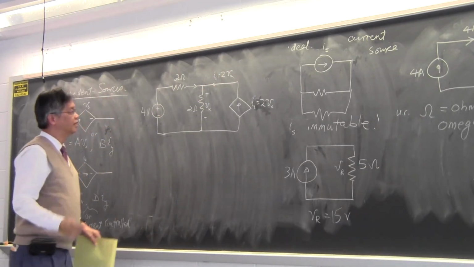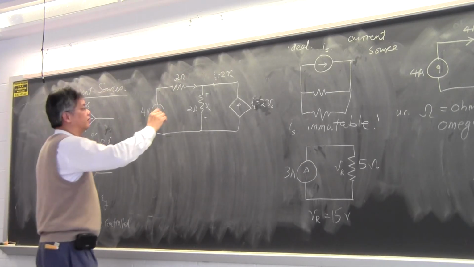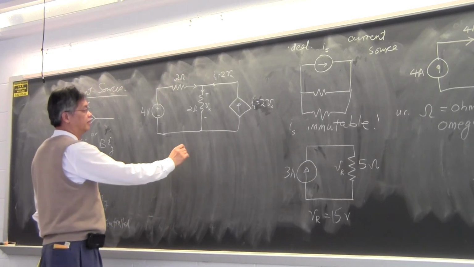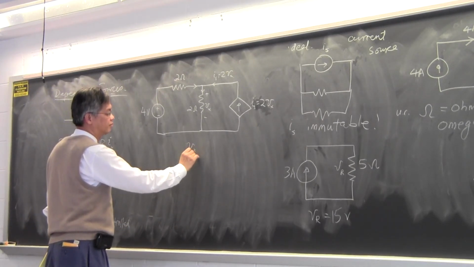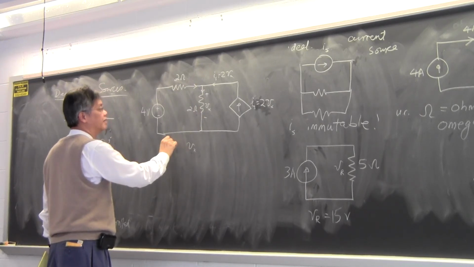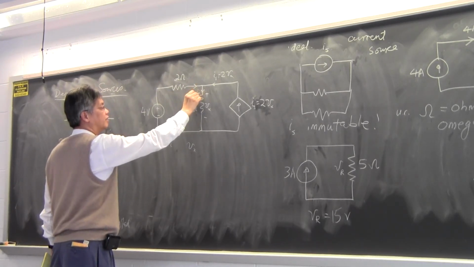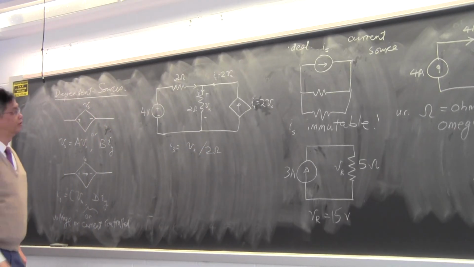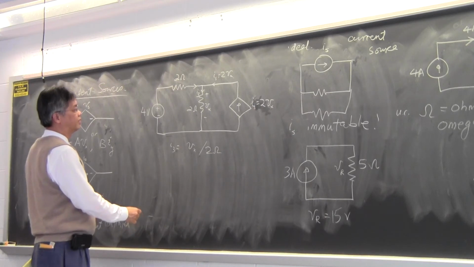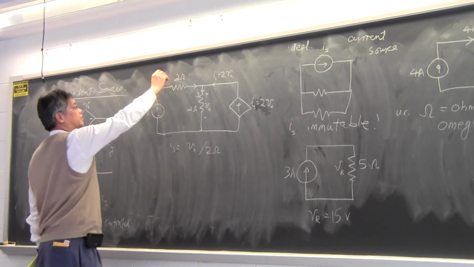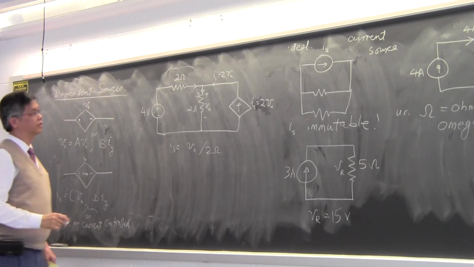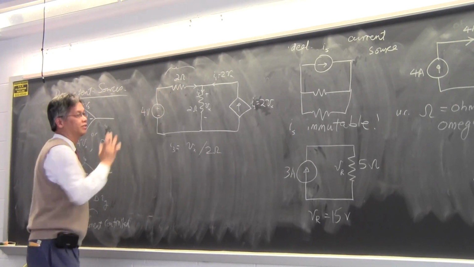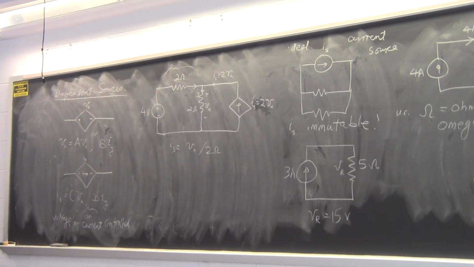And then this current over here, let me say I3, must be Vx over 2 ohms. Then I would have this voltage drop over here. This voltage drop must be equal to, what is the voltage drop across this resistor from Kirchhoff voltage law?